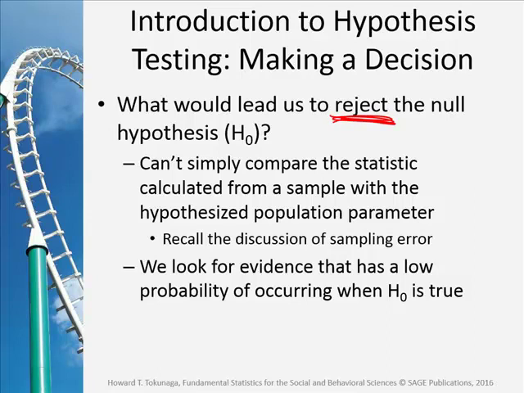That's what you want to do. You want to reject the idea that there is no relationship, because then you get to say that there is a relationship. What's the opposite of reject? No. Do not reject.